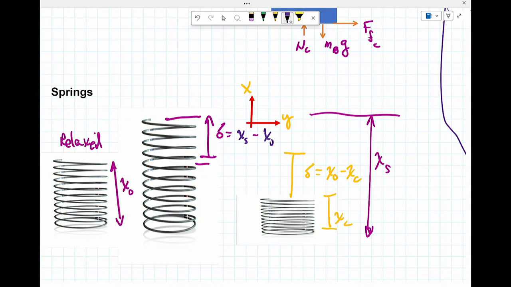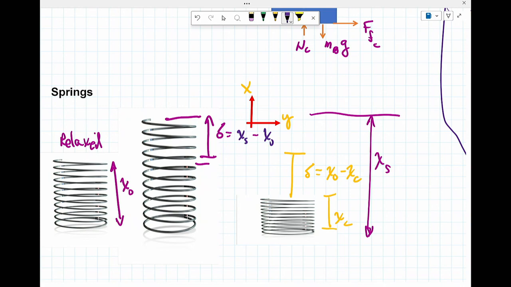It has a length, when it is neither stretched nor compressed, of x naught. If I stretch it by magnitude delta, bring it up, I have delta, which is equal to x of the stretch minus x naught.